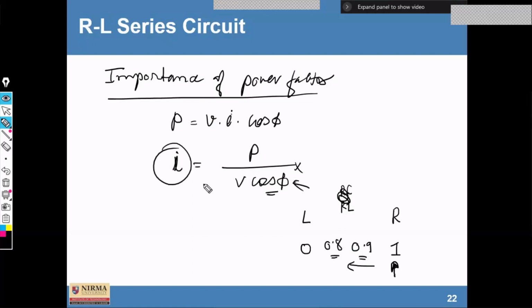So please try to understand, at lower power factor, AC circuits draw more current from the mains.